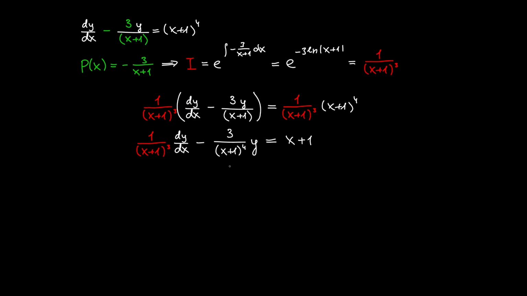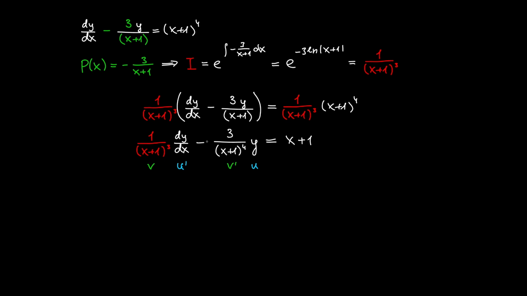The left-hand side now has become a product rule. If you can spot this, here we can set this as the u function. So that means here is going to be the u prime. Consequently, this here is going to be the v function and this is the v prime.